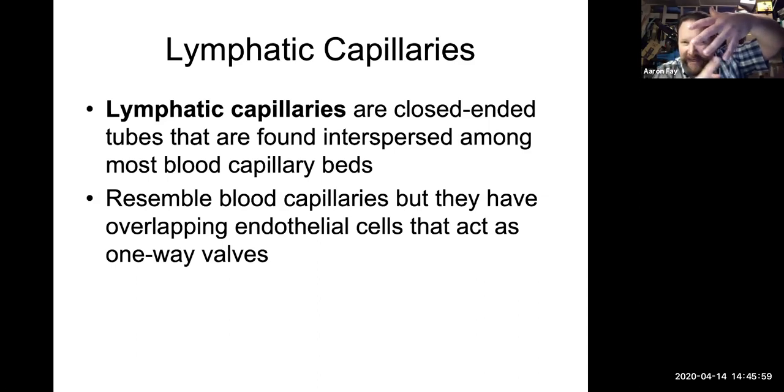They're not connected to anything on the other end, because their job is to absorb this fluid and then return it to the circulatory system. So lymphatic capillaries have only one layer, just tunica intima, closed-ended tubes that have little valves that allow the fluid to enter. These valves are created by overlapping endothelial cells.